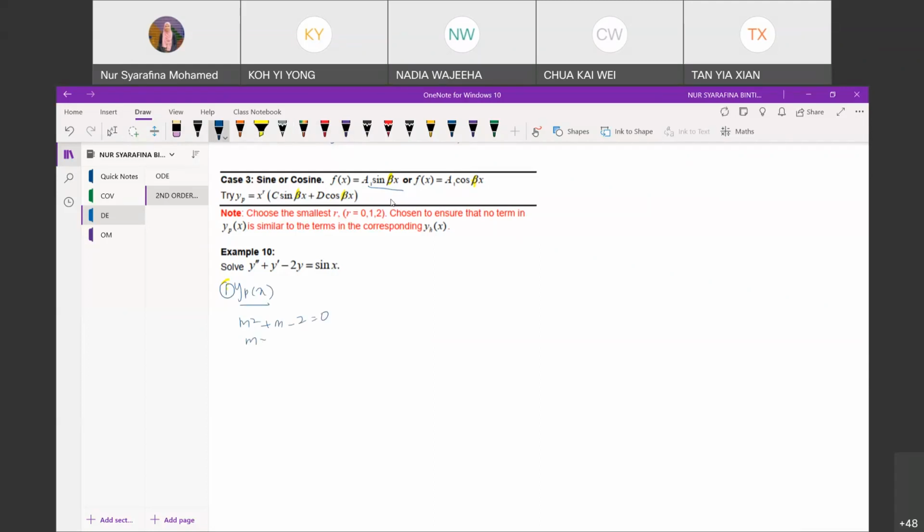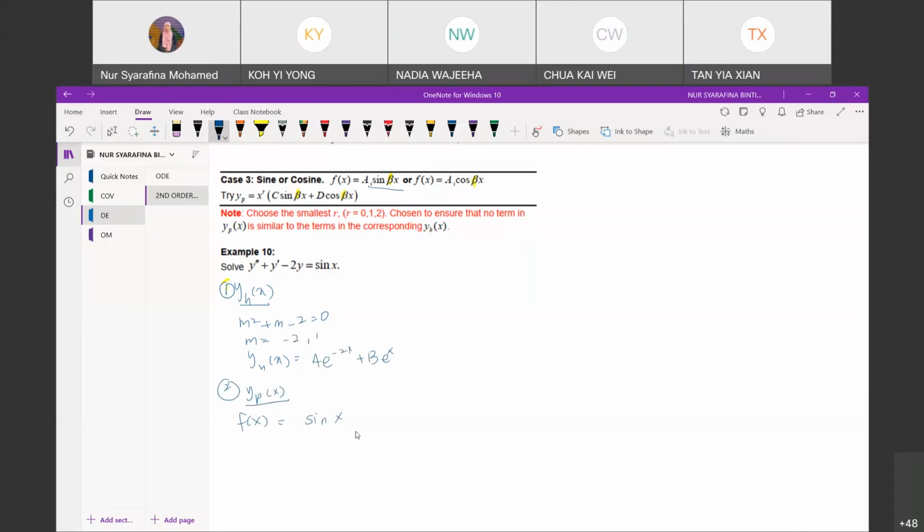Find your yh, and identify the types of roots there. The roots are -2 and 1, same as the previous one, so yh is a e to the minus 2x plus b e to the x. Now in order to find yp, you should check your function, which now is sine x.